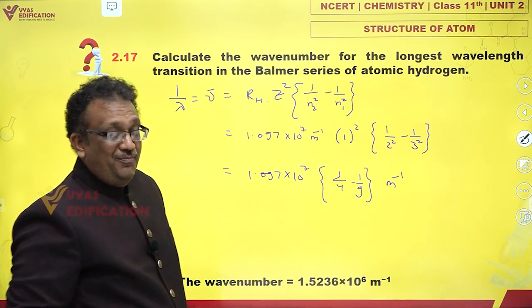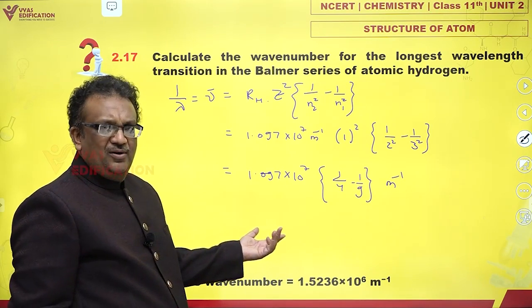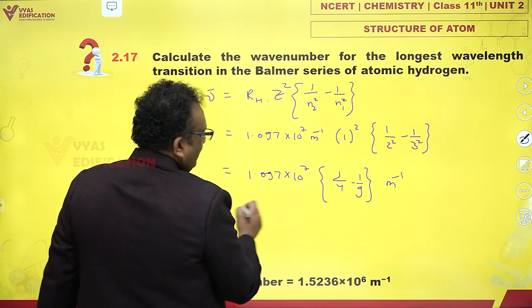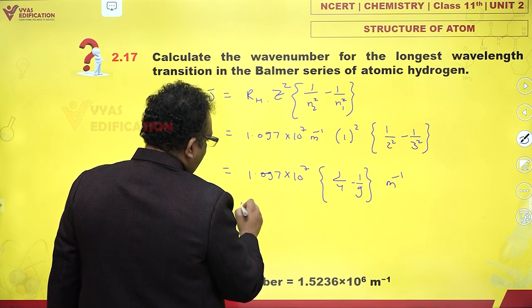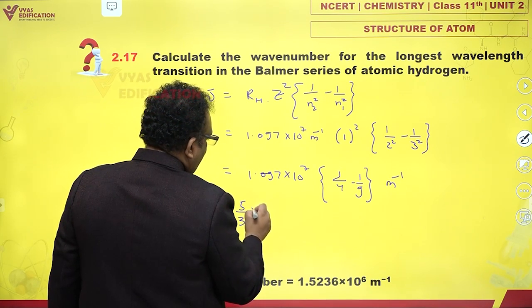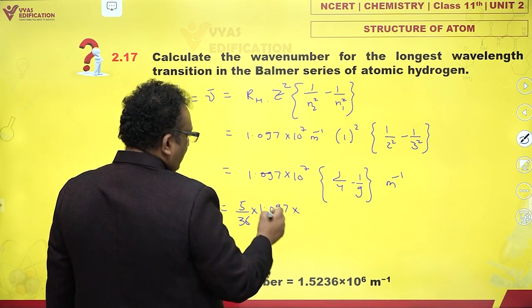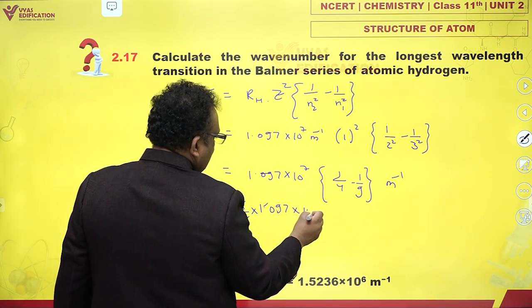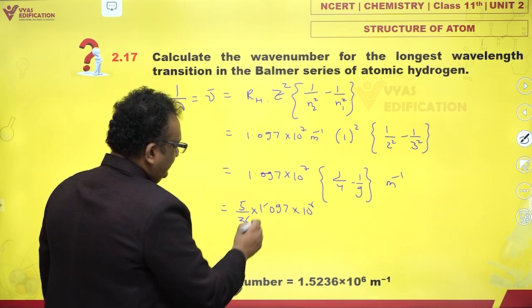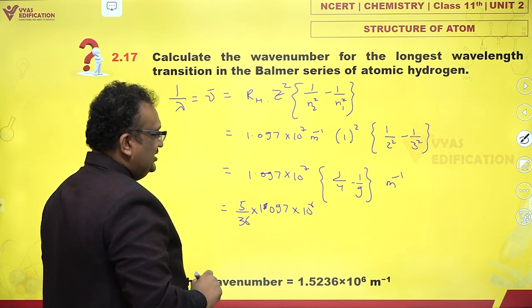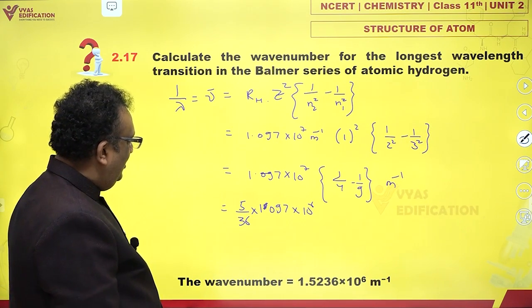This is the wave number, my dear. Can I solve for that? Of course I can. This is 5 by 36 into 1.097 into 10 raised to 7, or I could say this is 10 raised to 6, 10.97, I could take it here, right?